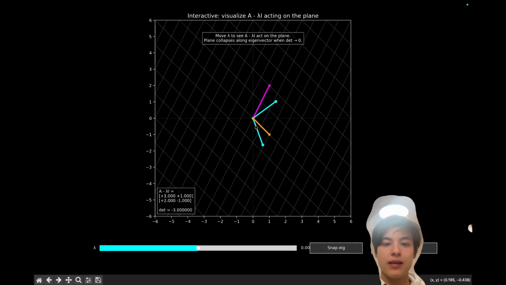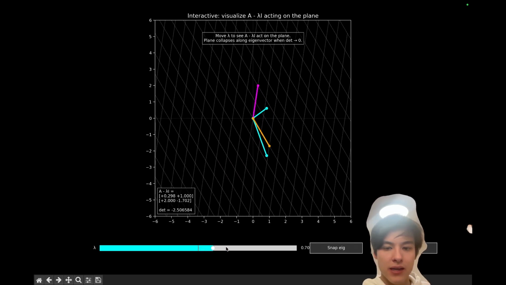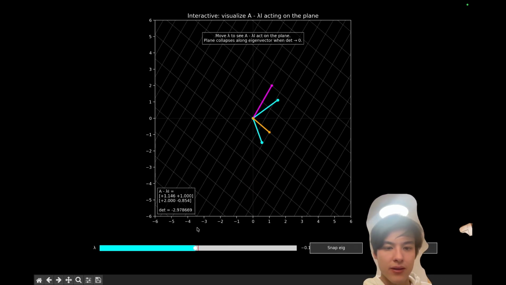Oh, so let's say this is your matrix. Here I have plotted, I think, the eigenvectors. And here I can choose lambda.